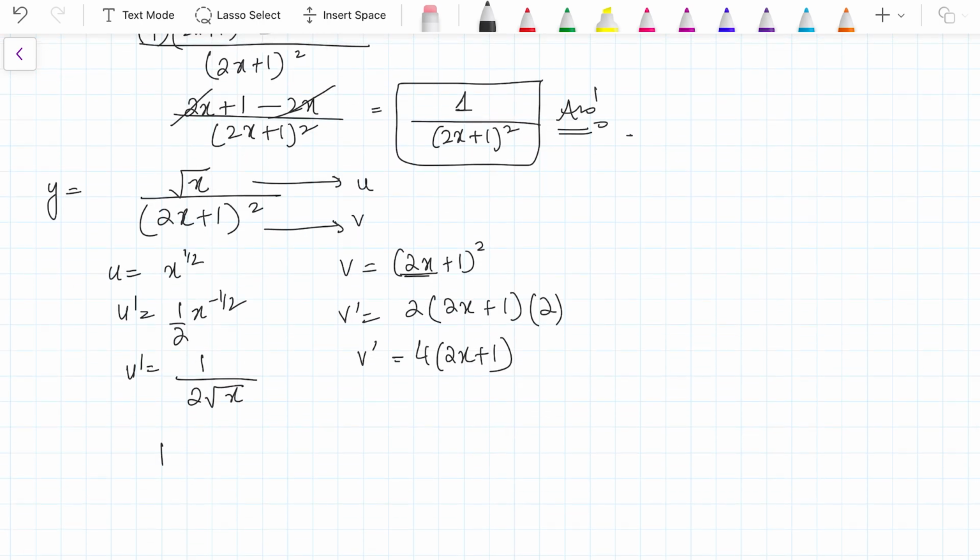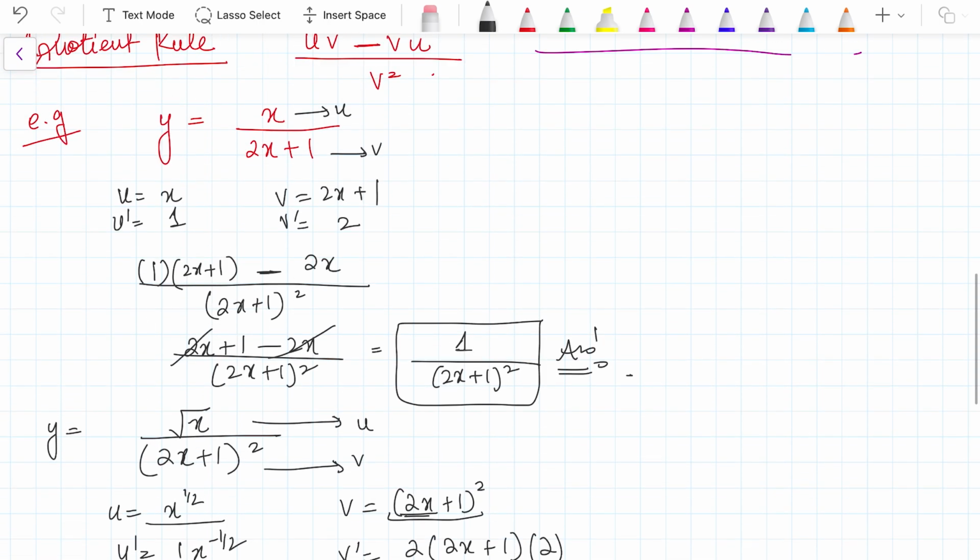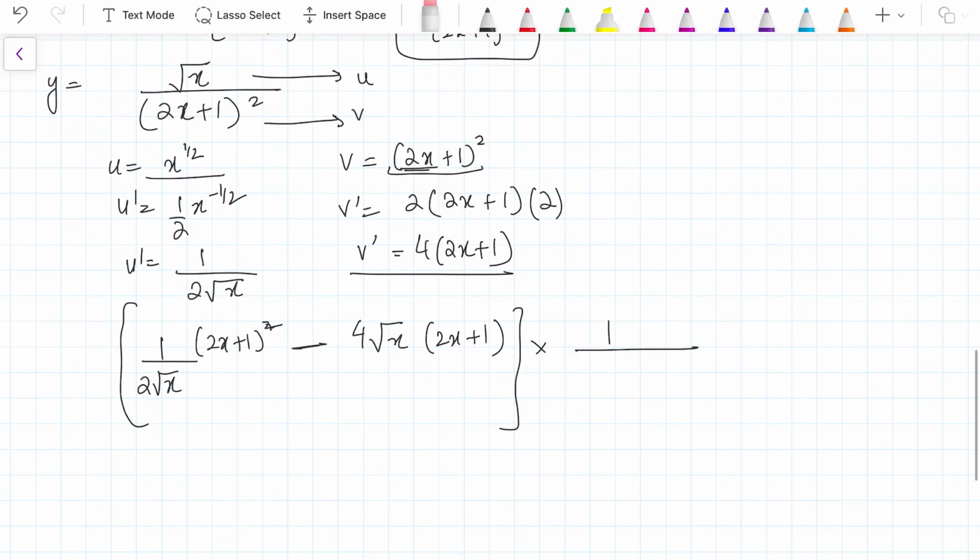U bar v minus v bar u into 1 upon v square. Why am I writing this formula like this? U bar v minus v bar u into 1 upon v square, because there is already a fraction in the numerator. 1 upon v square, to root x.